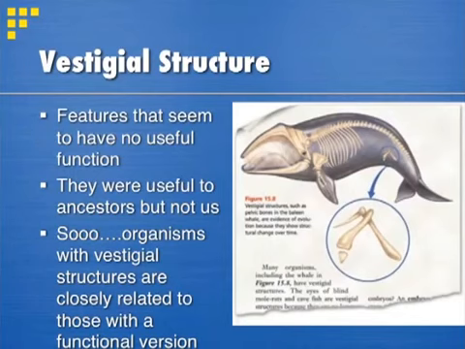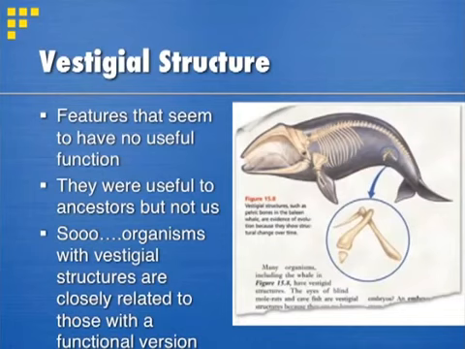Now, vestigial structures are structures in somebody's body that seem to have no actual useful function, but they were probably useful to the ancestors. So for instance, whales have a pelvic bone. Well, pelvic bones are to attach your legs. Whales don't have legs, but you can make the jump that because they have these pelvic bones, they once had legs and then they lost those legs in evolutionary terms.